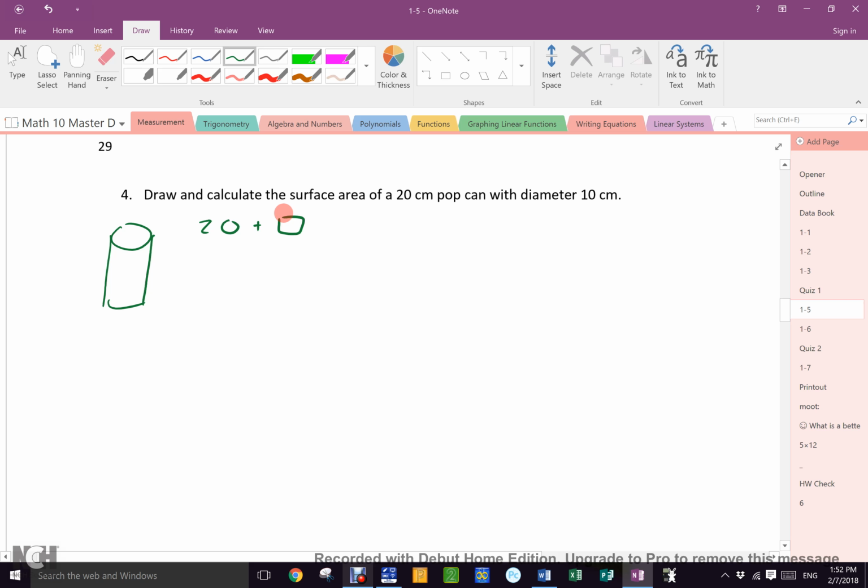Right? What's the area of a circle? Pi r squared, and there's 2 of them, 2 pi r squared. Plus, a rectangle should be what? Length times width. We also call it base times height, right? Everybody cool?